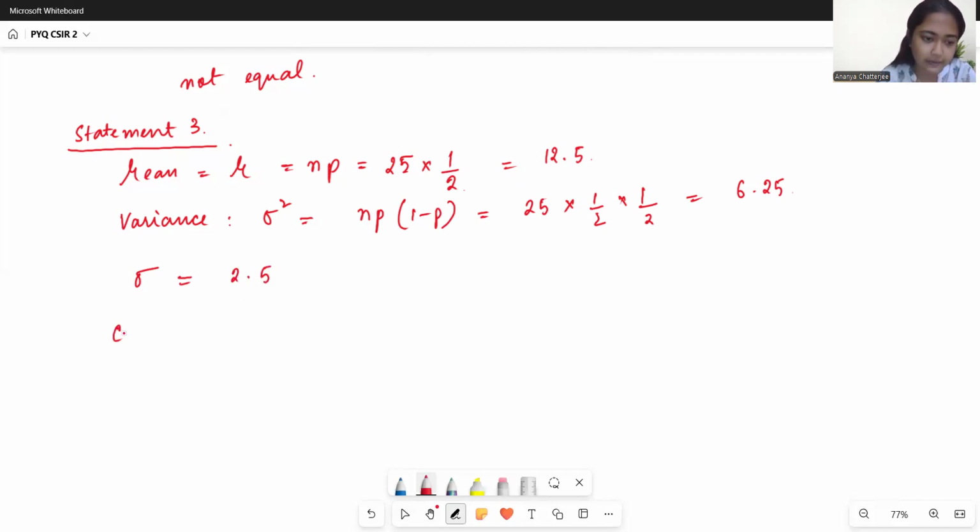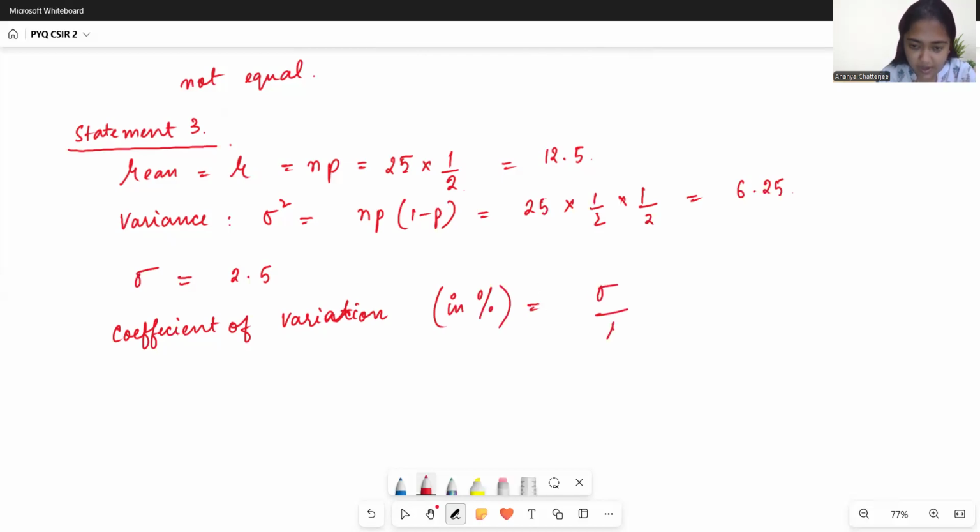From here we get the coefficient of variation in percentage, that is sigma by mu into 100.